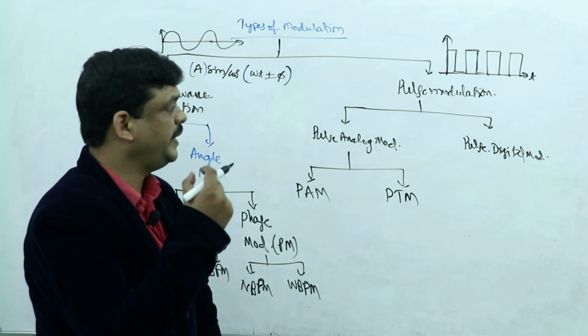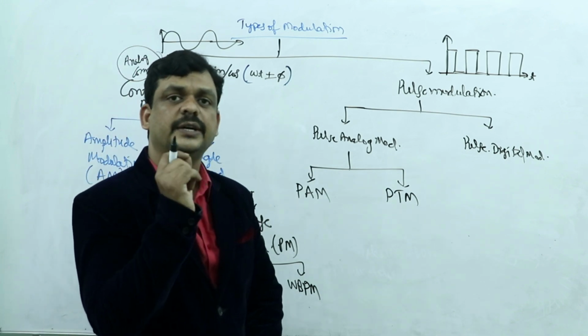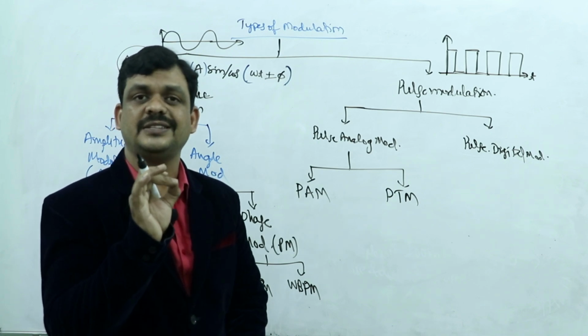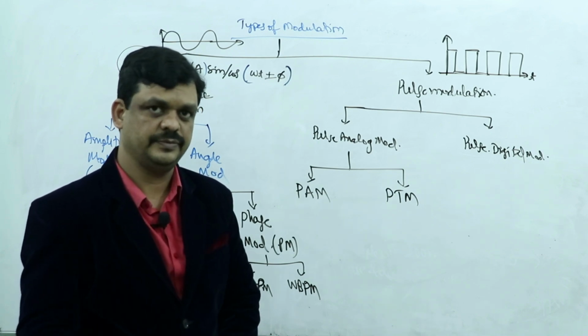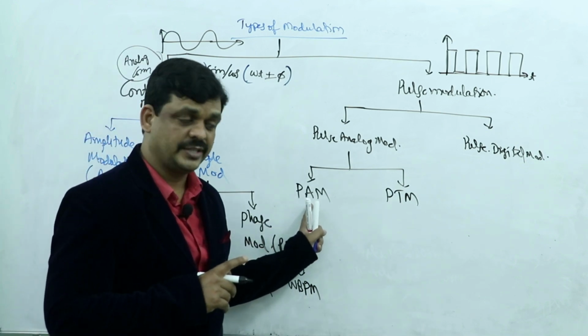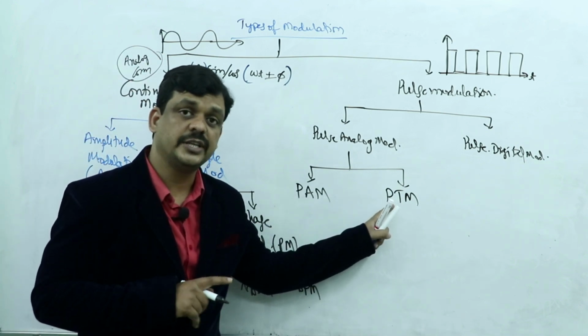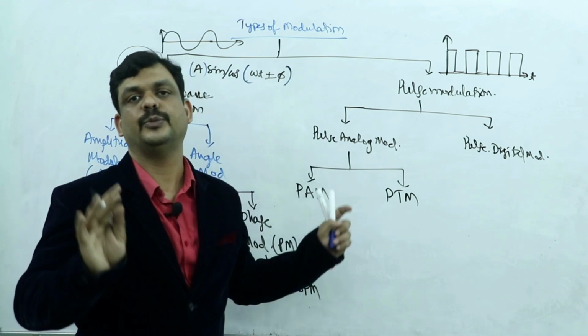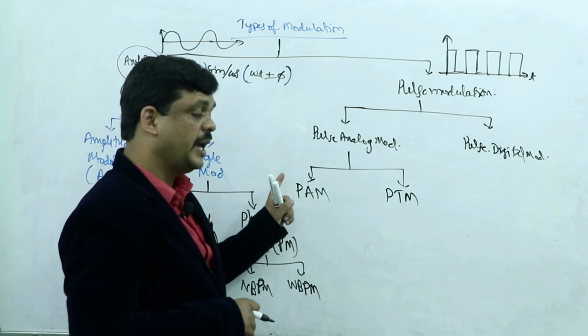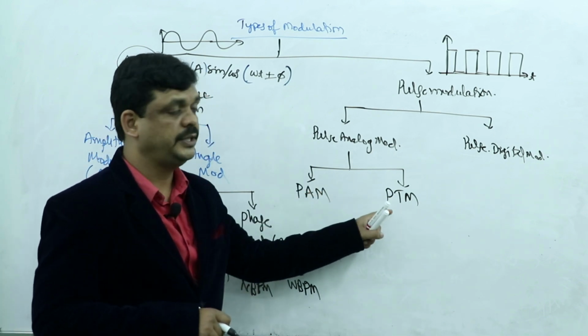I am explaining one point here: we change the characteristic parameter of the carrier signal, not of the modulating signal. The amplitude or time of the carrier signal changes with respect to the amplitude of the modulating signal. So we change the characteristic parameter of the carrier signal only, either amplitude or time.